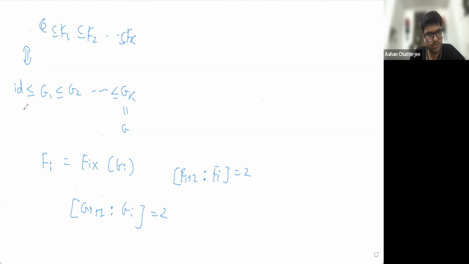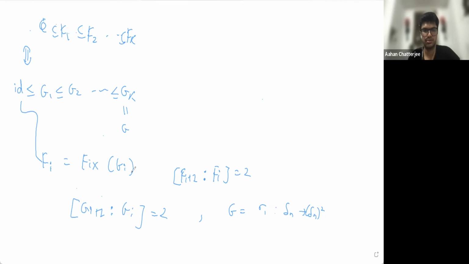So then we just need to show this part. The way you do that is, G is basically a cyclic group, because it is generated by sigma 1, which sends zeta n to zeta n squared.